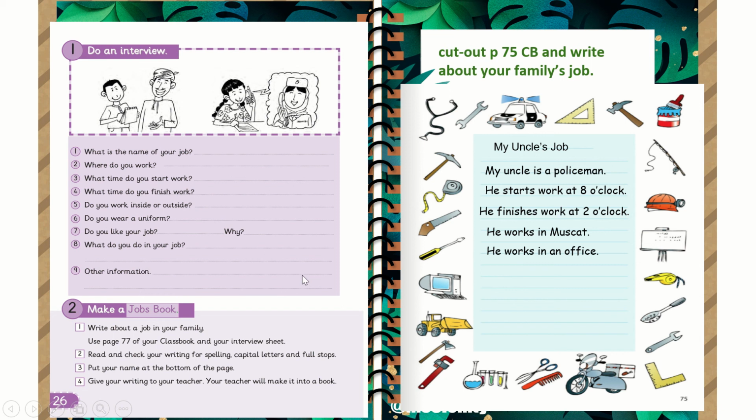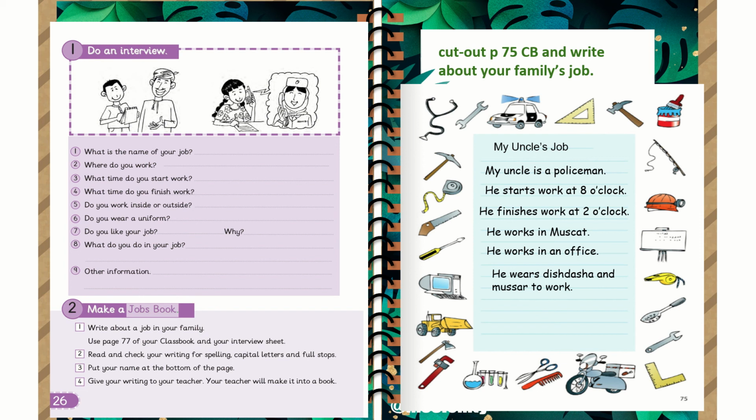Okay? Then I asked him about the uniform. I asked him, do you wear a uniform? He said, I wear dishdasha and masar to work. So you are going today to write a paragraph about your father or your brother or your sister.